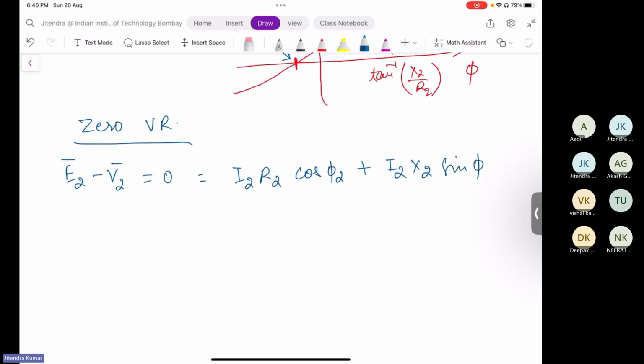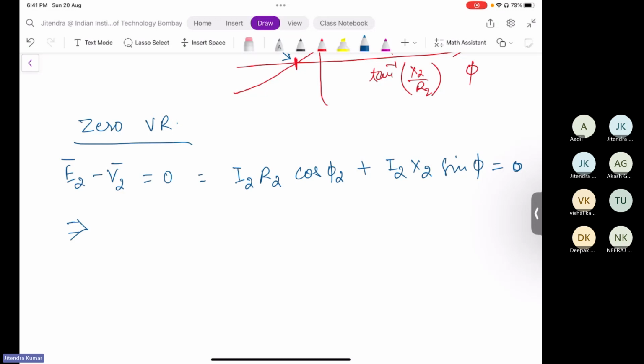If a negative angle appears, it means it should be leading power factor. If the angle comes as positive, it means our lagging power factor assumption is correct. So we just have to equate it to zero. This time we do not need to differentiate, because zero voltage regulation is straightforward. You just need to equate the value of voltage regulation to zero.